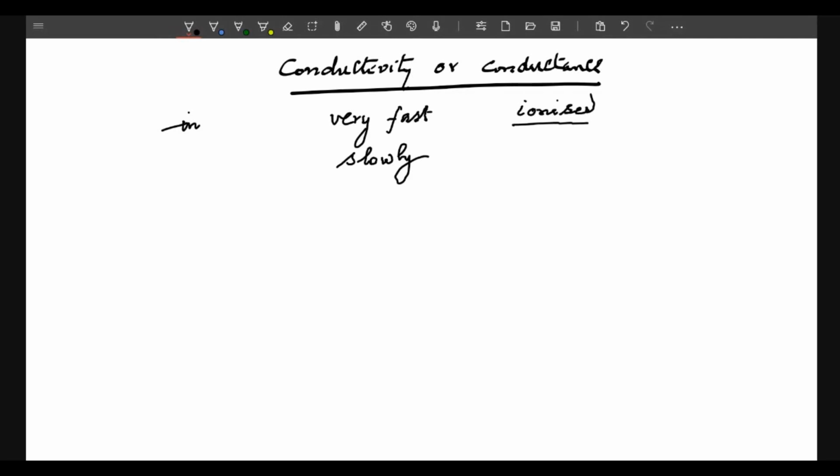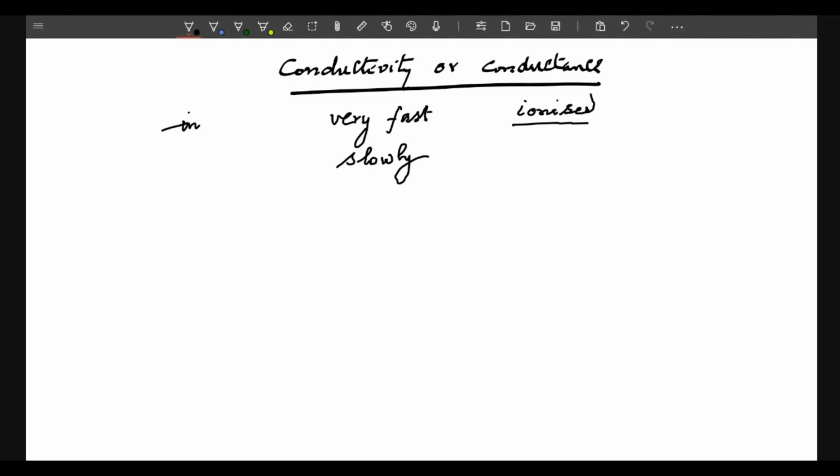Those are electrolytes in which the ionization is almost complete. Here, look at the word almost, because even in a strong electrolyte, depending upon the concentration, some of the electrolyte will not undergo ionization. But as dilution takes place, the percentage of ionization goes on increasing. This phenomenon is well pronounced in the case of weak electrolytes.